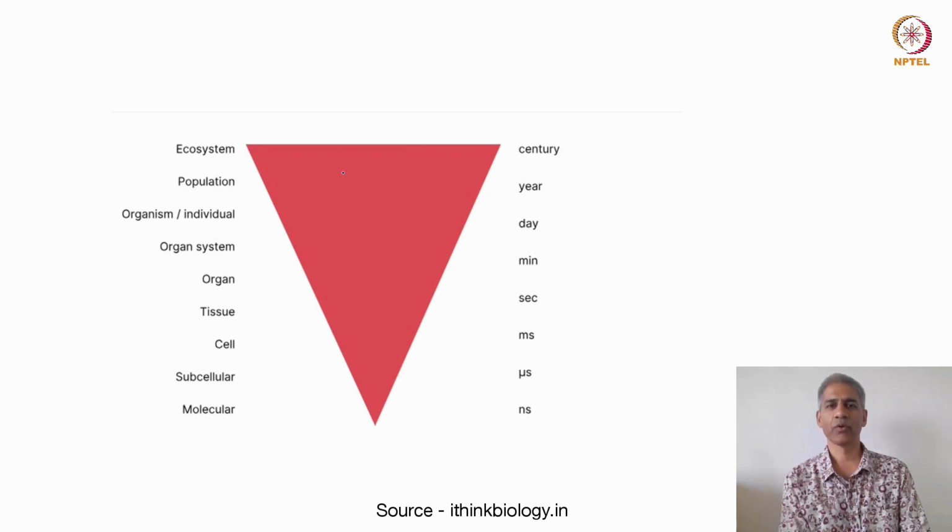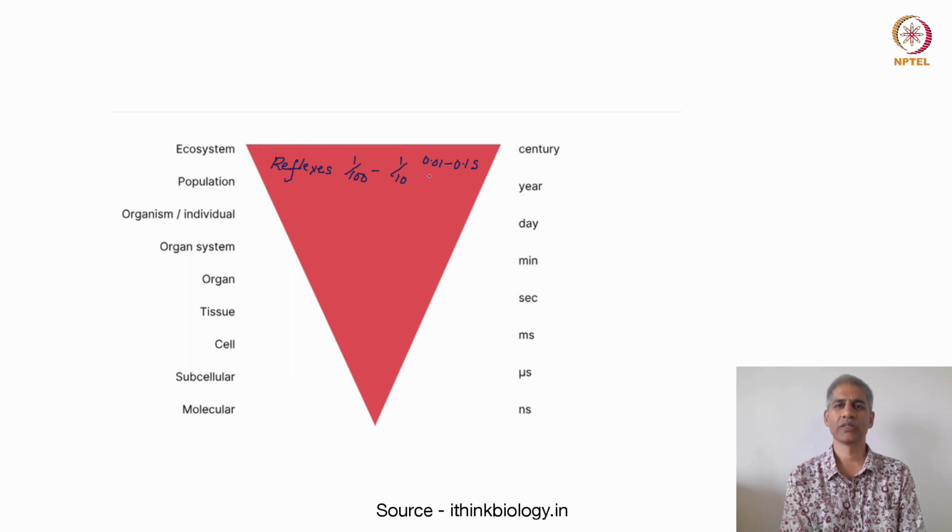And to make it more real, we could think about a human scale or a human temporal scale. For instance, if you think about human reflexes, they occur, say, from 1/100th of a second to, say, 1/10th of a second. So 0.01 to 0.1 second, right? So approximately from microseconds to millisecond time scales.